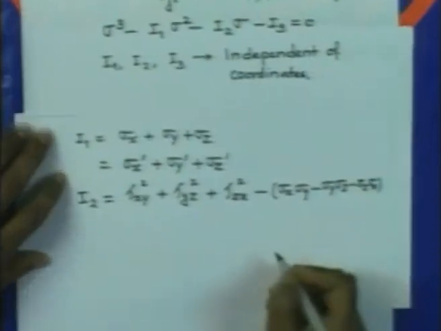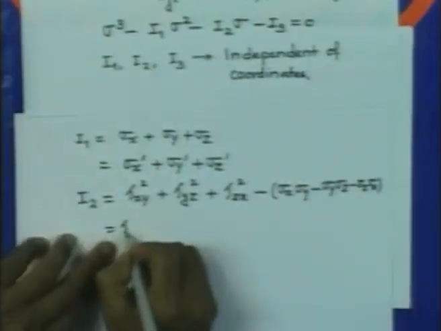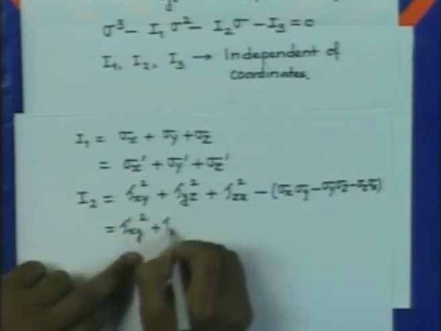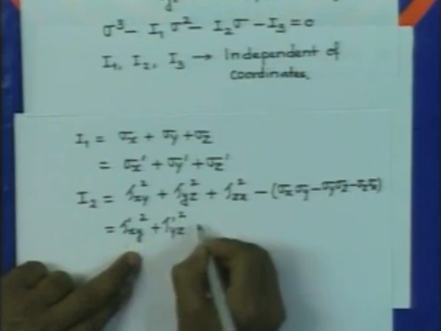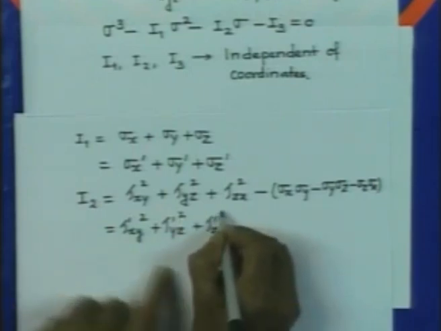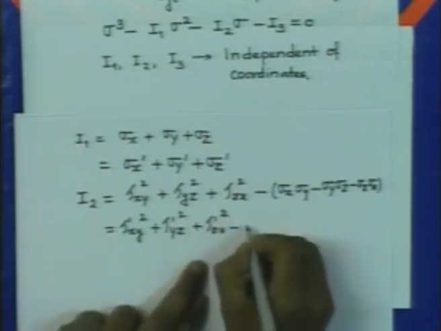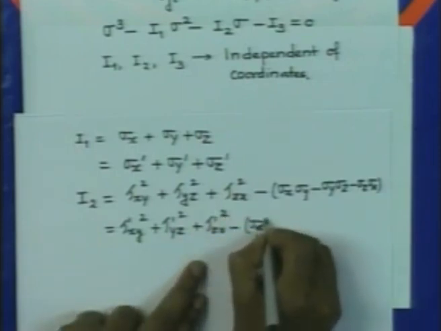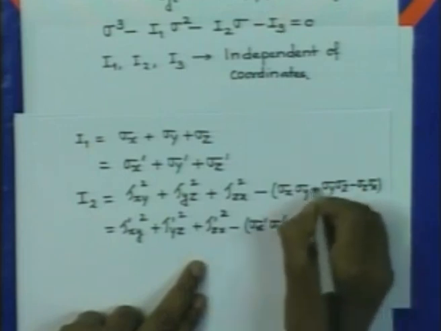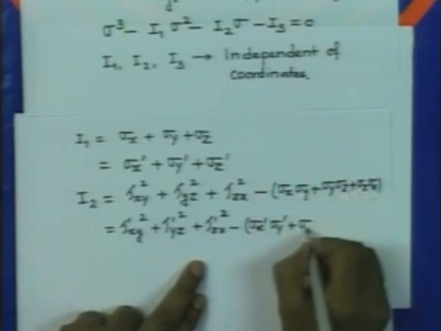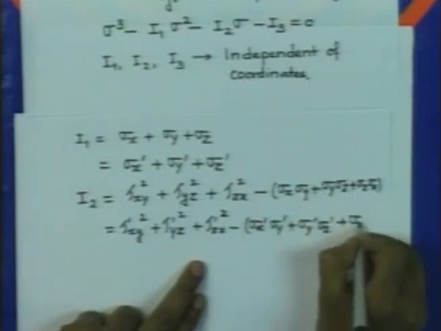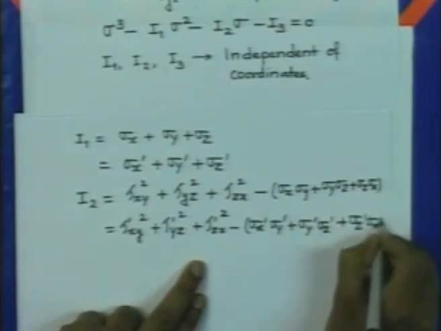This should also be equal to tau xy dash square plus tau yz dash square plus tau zx dash square minus sigma x dash sigma y dash, I am sorry, this should be plus sigma y dash sigma z dash plus sigma z dash sigma x dash.